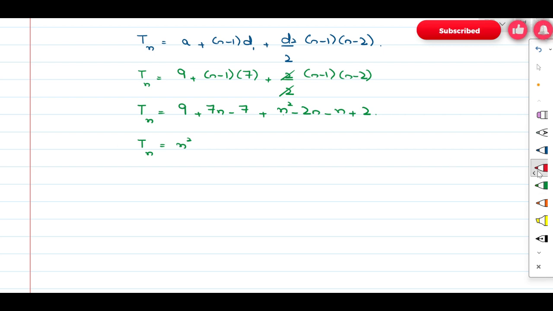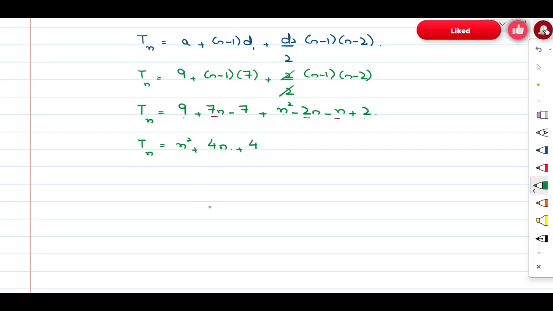How many terms are with n? 7n minus 2n minus n, so minus 2 minus 1 is minus 3, and 7 minus 3 is 4. So plus 4n. Then 9 plus 2 is 11, and from 11 take away 7, which is again 4.